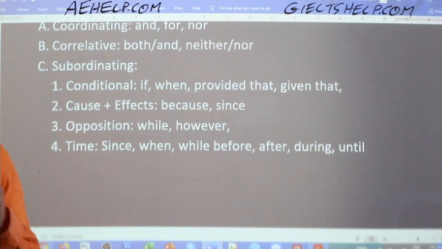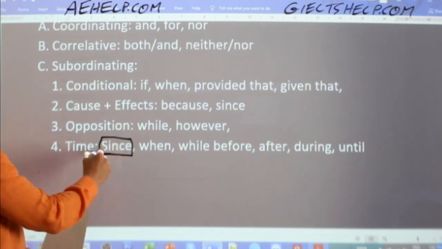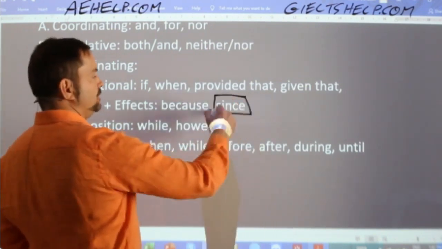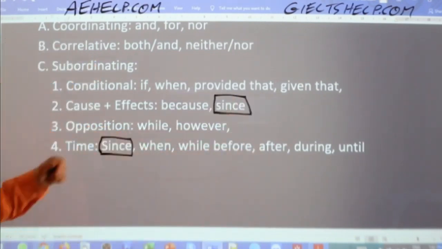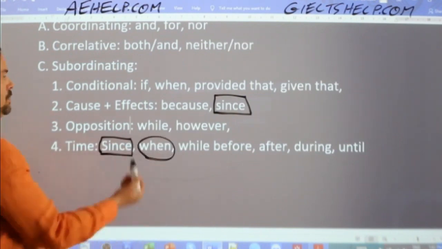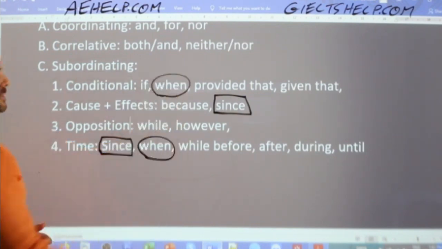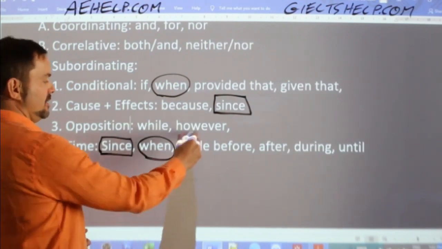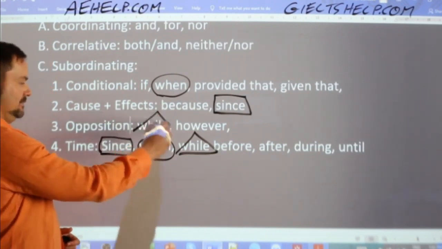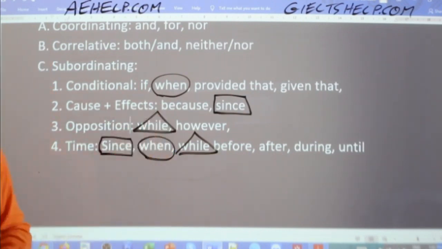Now, notice something super interesting here, members. In time, we have since, and we also have since in cause and effect. Also in time, we have when, and we have when in condition. Okay? Now, we have while in time, and we have while in opposition.